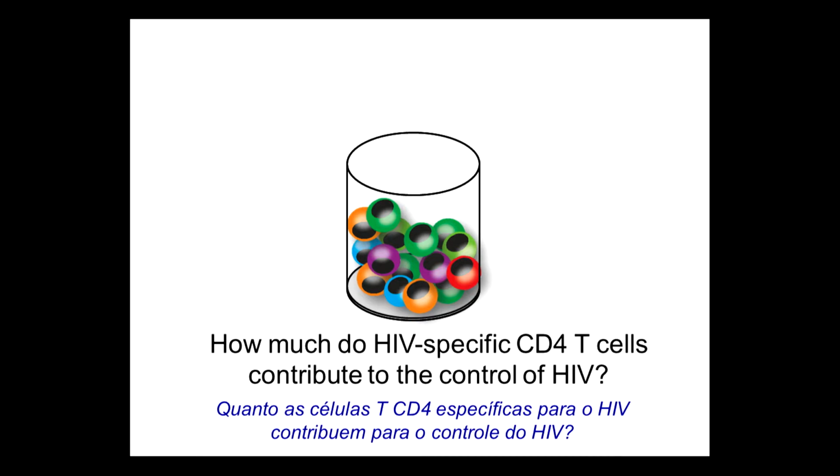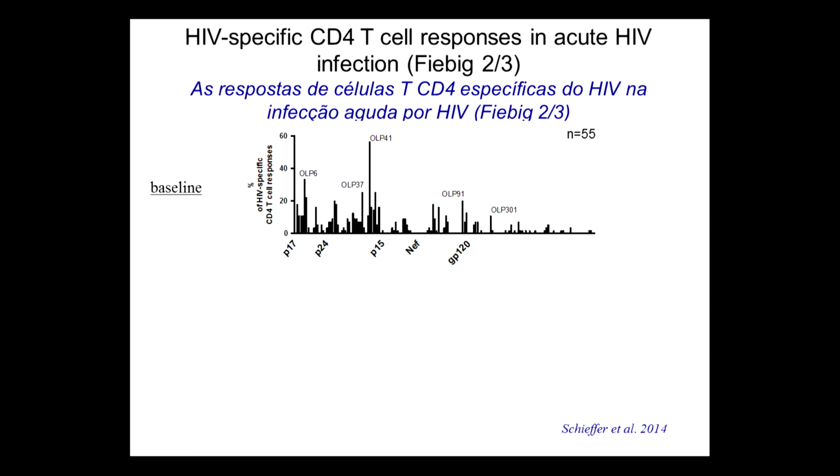One of the first studies we did a couple of years ago was to look in acute HIV infection, at the very peak of acute infection when the viral load is very high, at Fiebig 2-3, and ask the question, how many CD4 T cell responses are there? What is being recognized by CD4 T cells?